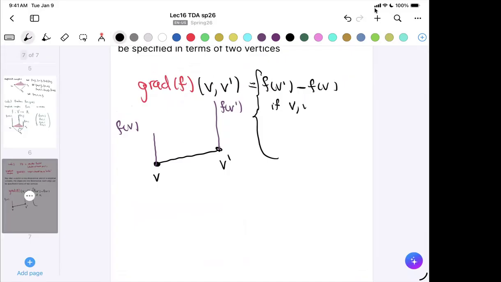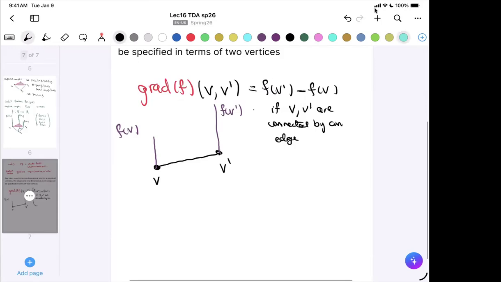So if v and v prime are connected by an edge. And if they're not connected by an edge, just to make your life easier, you can define that to be zero. So you set it equal to zero if v and v prime are not connected by an edge.